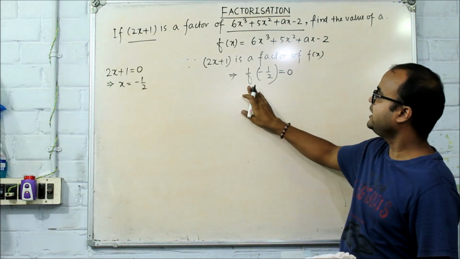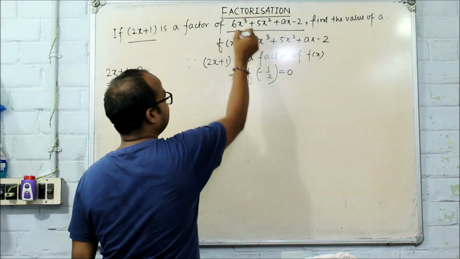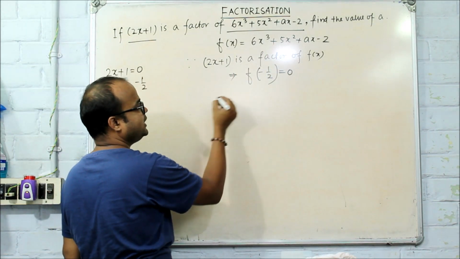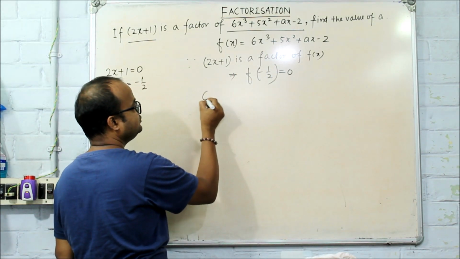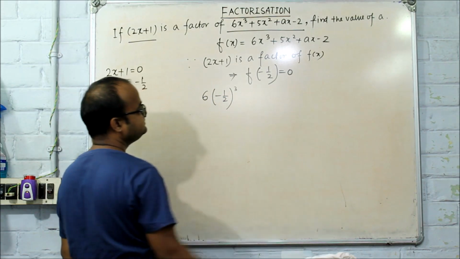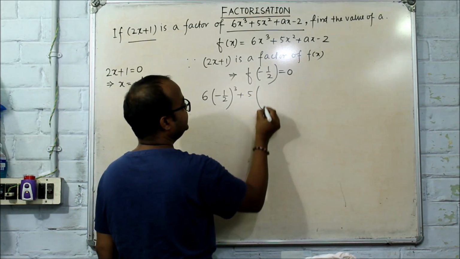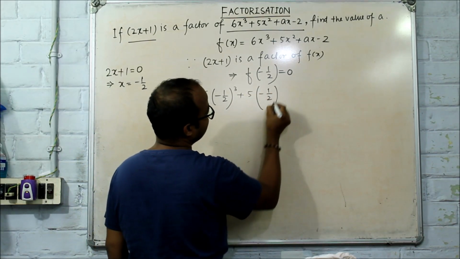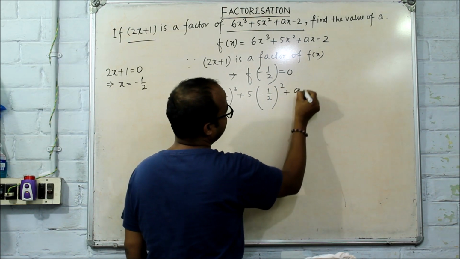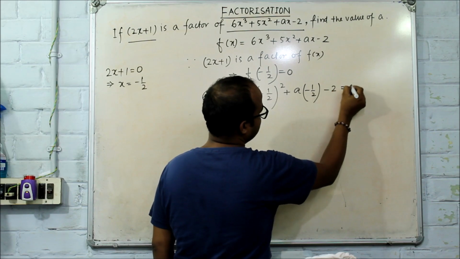So we equate f of minus 1 by 2 is equal to 0. Now in the given polynomial we substitute x is equal to minus 1 by 2: 6 into (minus 1 by 2) cube plus 5 into (minus 1 by 2) square plus a into (minus 1 by 2) minus 2 is equal to 0.